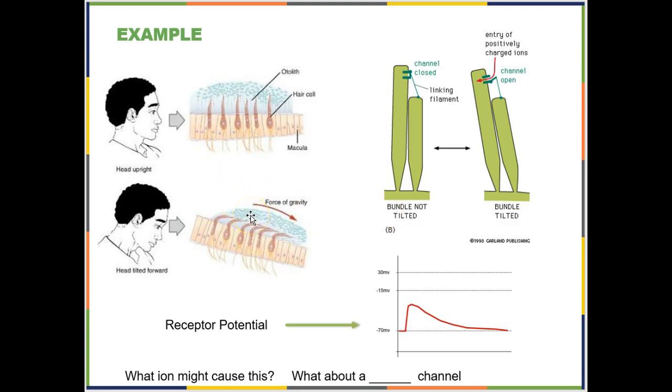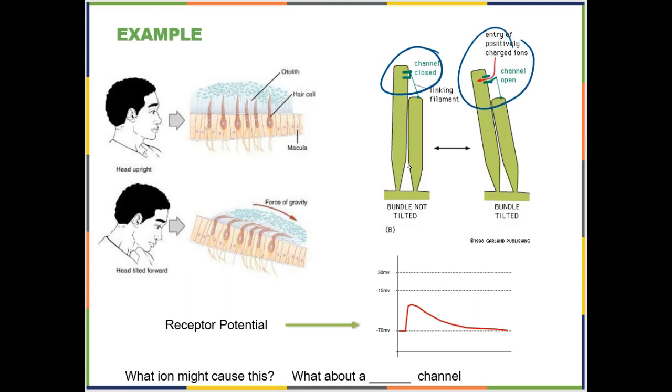So it's one big fluid compartment all connected. When you move your head around, this gelatinous goop right here sloshes back and forth and causes these hairs to bend. When the hairs are straight up and down, if you look right here, that is an ion channel, and that ion channel is closed. When some sort of mechanical stimulus causes these hairs to bend, then the ion channel opens.